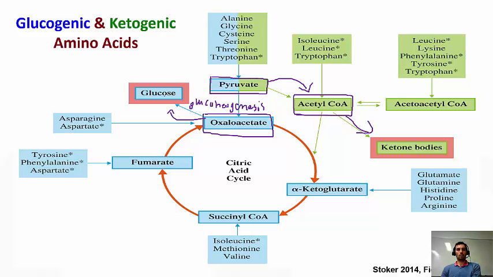So to summarize, glucogenic amino acids can be converted into glucose, that is, the carbon skeletons can, and the carbon skeletons of ketogenic amino acids can get converted into ketone bodies or can enter the citric acid cycle as well. And if you're a pyruvate, then you're both ketogenic and glucogenic.